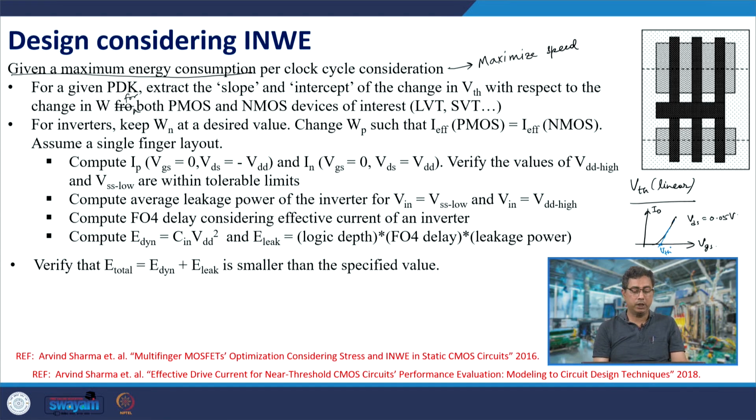Now this threshold voltage you extract for several values of the device width for both PMOS and NMOS separately, and then plot device threshold voltage with respect to width. As you increase the width, the threshold voltage would increase, and the range of width you keep is within the track height of the standard cell library. Every standard cell library has a track height, typically the distance between its supply line and ground line.